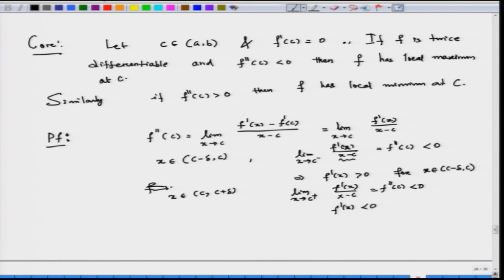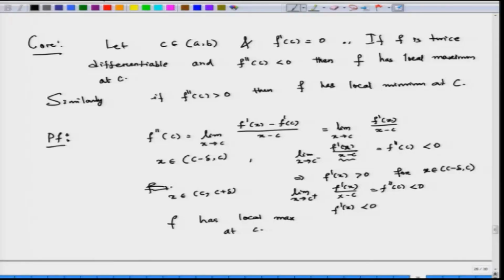Therefore, f is increasing and then decreasing, so by the previous result, f has a local maximum at C. Exactly the same argument is going to be true if f double prime of C is positive. Many a times this is going to be very handy to check, if f is twice differentiable, whether it has a local maximum or local minimum.